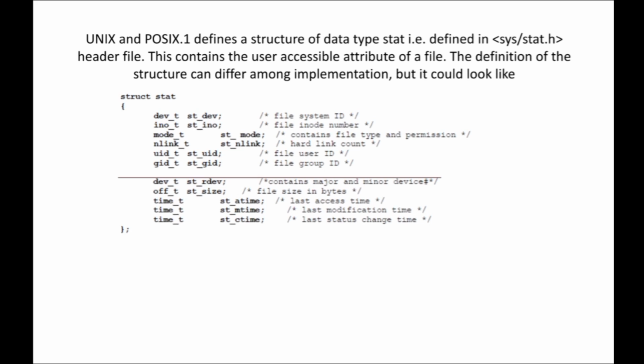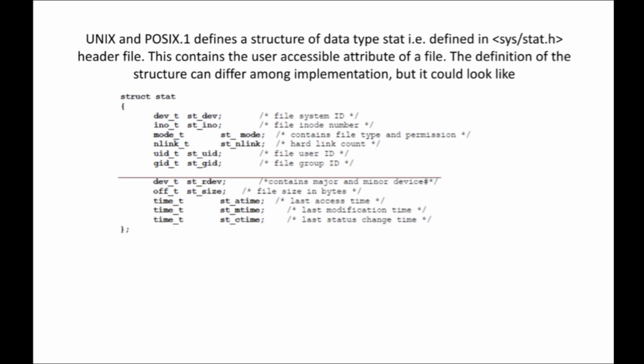So see, Unix and POSIX.1 define a structure of data type stat. Here it is a structure, right? It is defined in the sys/stat.h header file. This contains the user accessible attributes of a file. The definition of the structure can differ among implementations.